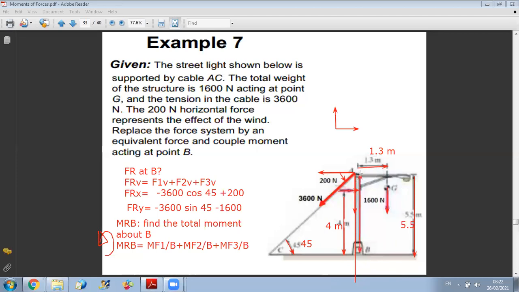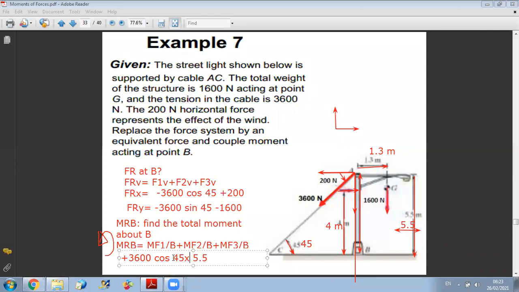The perpendicular distance is equal to 5.5. So the moment of the first force is plus 3600 cosine 45 times 5.5. Okay, so this is the moment of the first force.